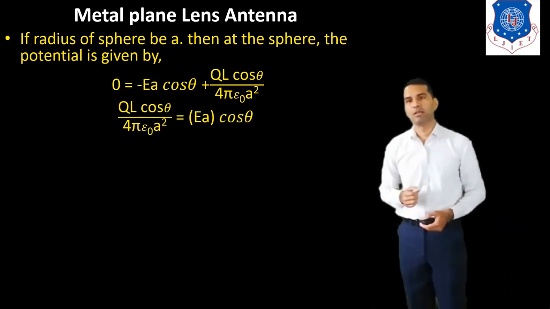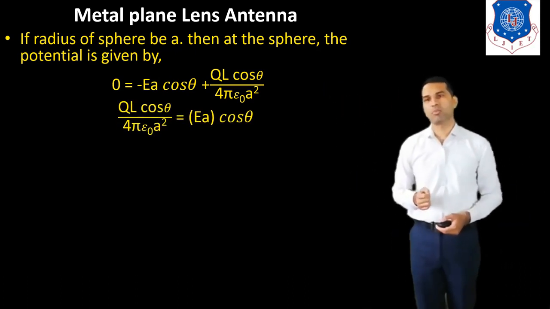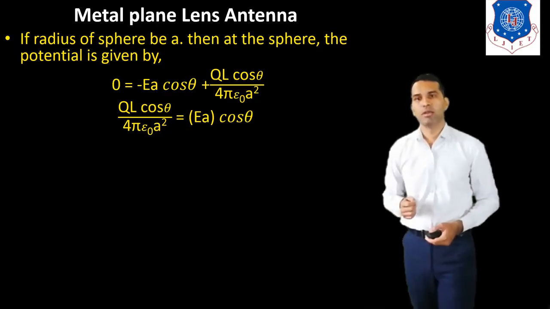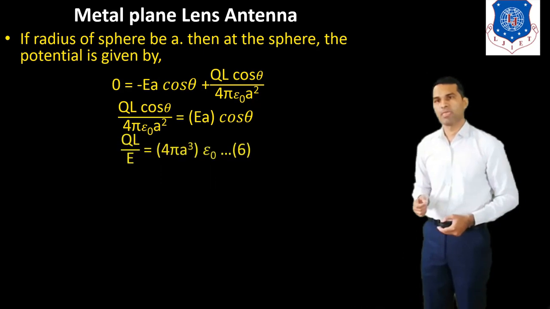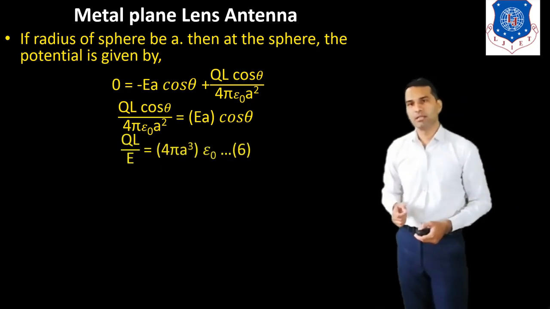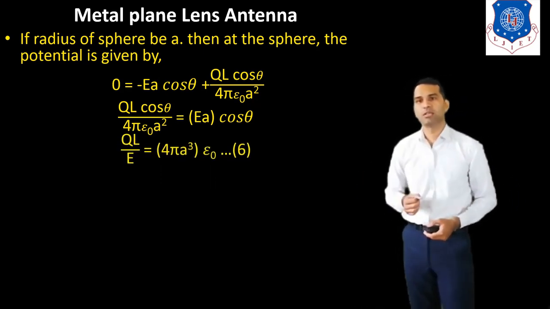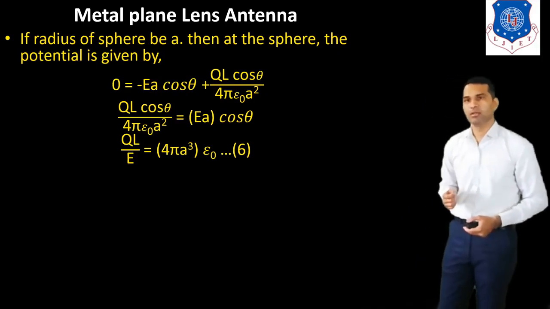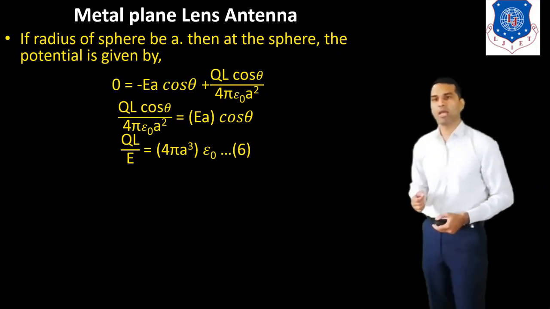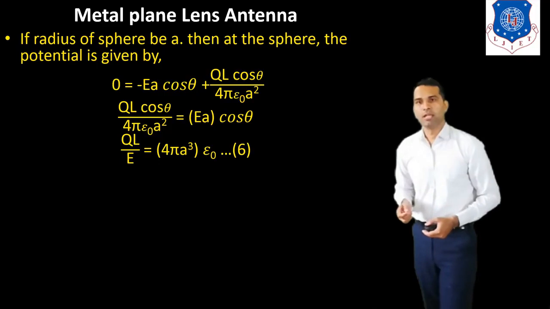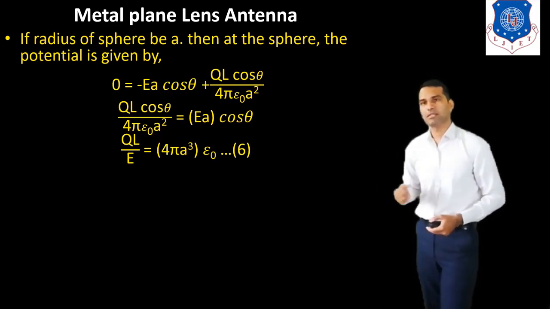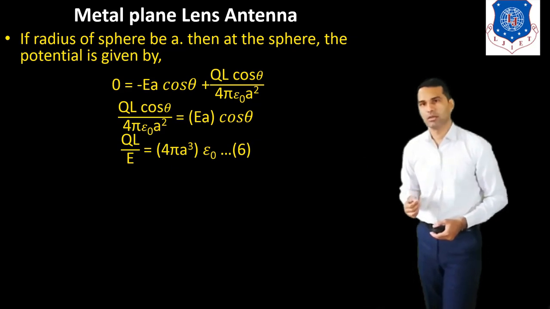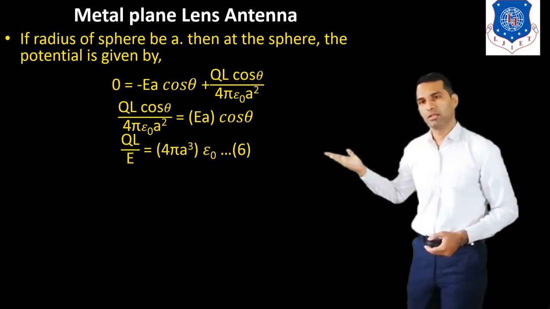So we can write q l cos theta upon 4 pi epsilon 0 a square is equal to E a cos theta. Now when we simplify this, q l upon E is equal to 4 pi a cube into epsilon 0. On the left hand side and right hand side, the cos theta is cancelled. So we get finally this equation.